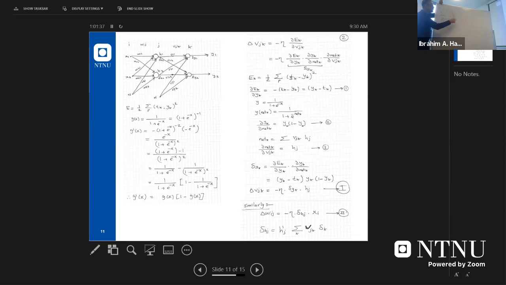Partial y by partial what? y is a function of net. If we use this activation function, for example, I can just say y equals 1 over 1 plus exponential minus net. And remember, net equals omega x plus b.